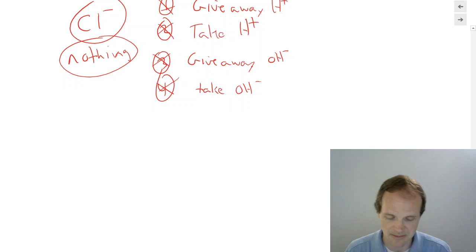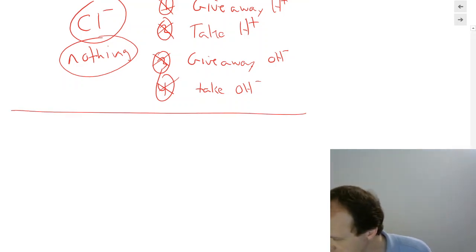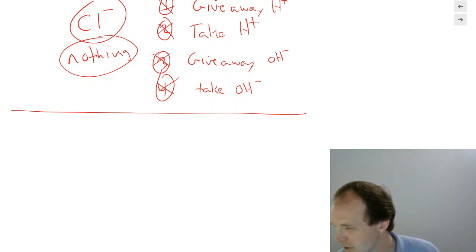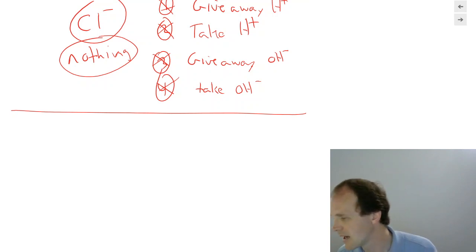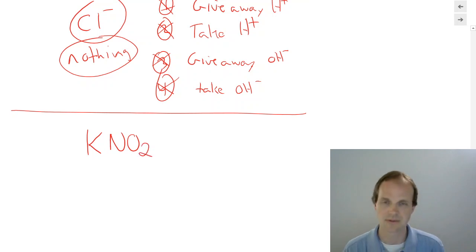Let's do another example. Let's keep it simple. I had another example, but I'm going to change it up. Let's say we've got some KNO2, some potassium nitrite.